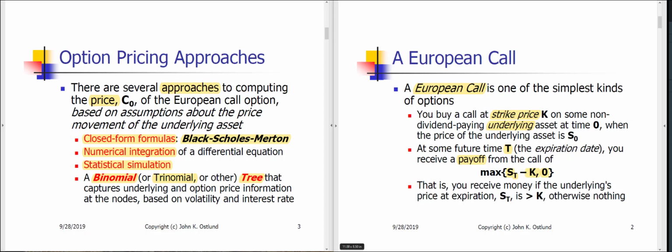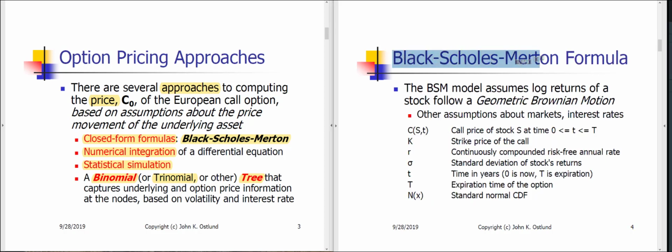Here in these last couple of weeks of FC1, I'm going to do a sort of hand-wavy job of describing these things and concentrate on looking at code that you can write to implement some models and compute prices for options. The Black-Scholes-Merton model assumes that stock prices follow a geometric Brownian motion.